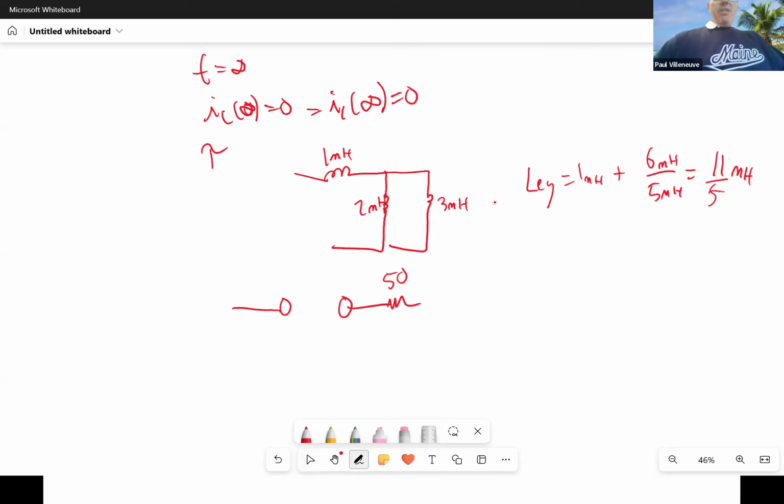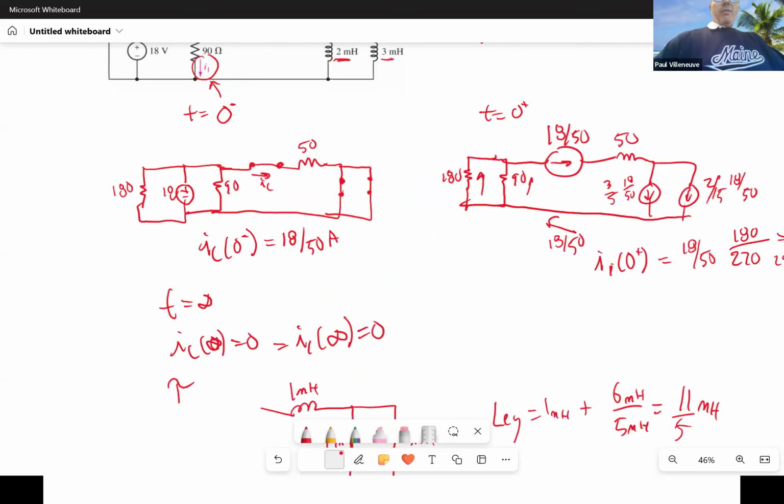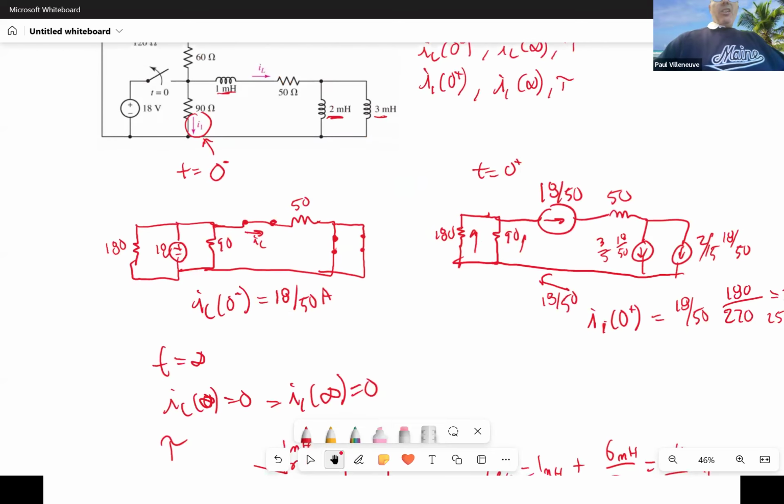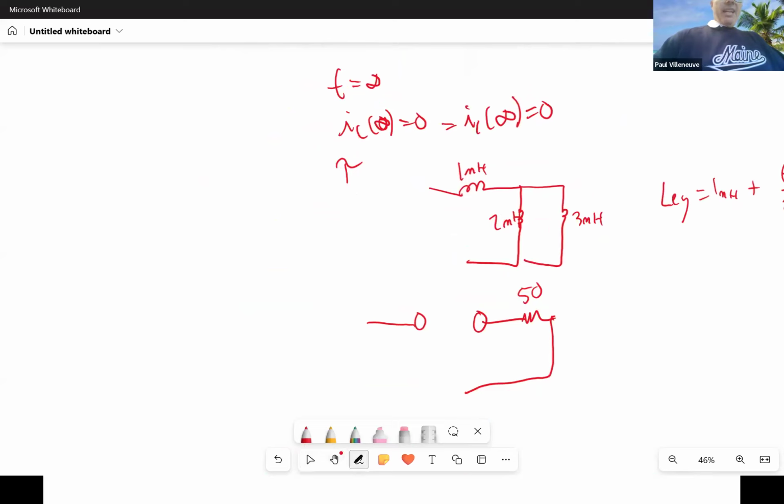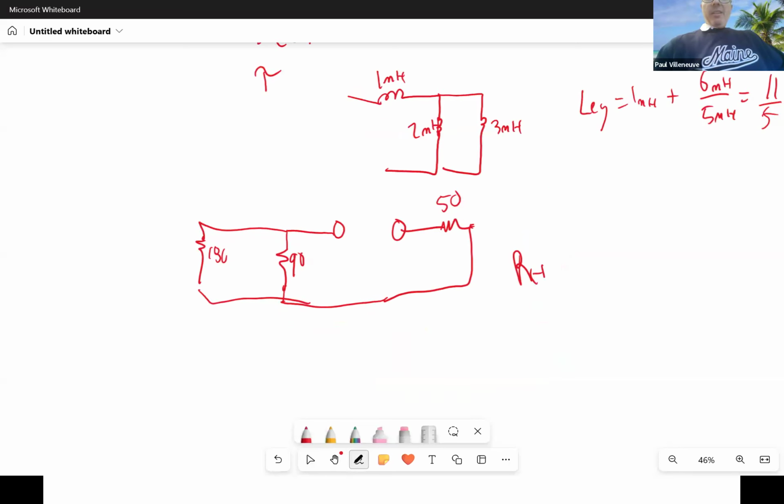So then I'm going to go ahead and discharge through those two. So those have effectively no impedance. Then I've got 90 and 180. And my R Thevenin is going to be 50 plus 90 in parallel with 180.